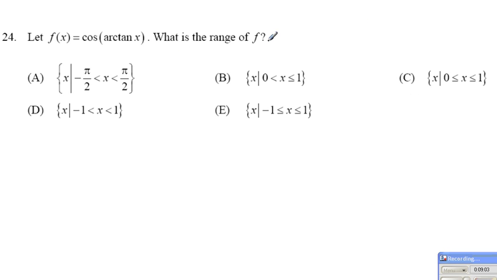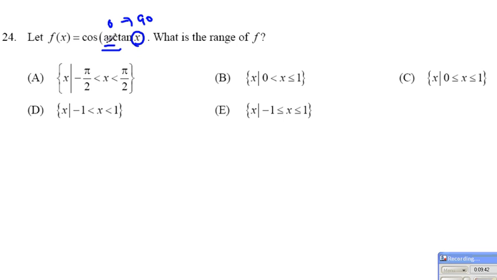Now, what is the range of f? Given in this case the angle, since x can be any number, the angle can be anywhere also, because arc tangent talks about simply an angle. The angle here could be anywhere from 0 through 90, or anything for that matter.